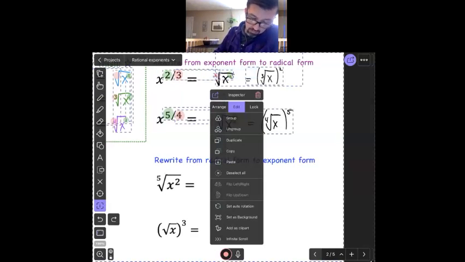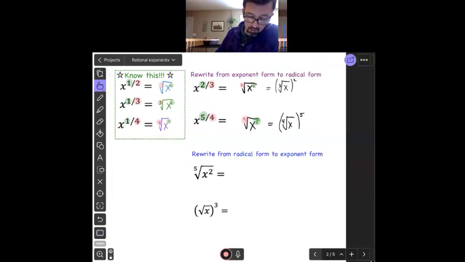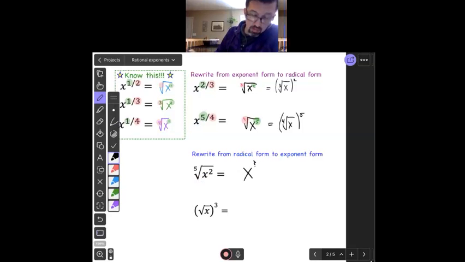Okay, here we're going to go backwards from that. Now it's in radical form. I'm going to go back to exponent form. So if I have this, how do I get back to here? Definitely the easiest thing to pay attention to is just what the base is. So we have an x there, so I need an x back, and we just need to figure out what the exponent is going to be. Again, I like to start with the index because it's right there in the front.